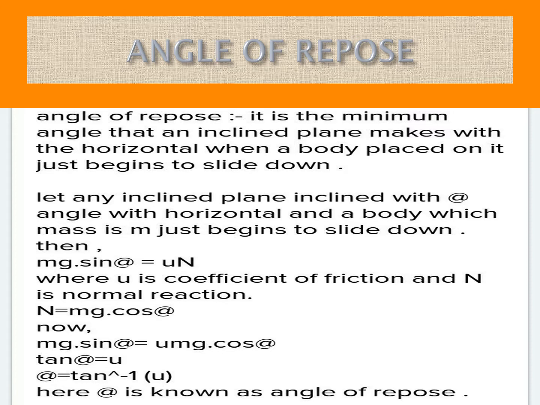Angle of repose is the minimum angle that an inclined plane makes with the horizontal when a body placed on it just begins to slide down. Let any inclined plane be inclined at an angle with the horizontal, and the body of mass m just begins to slide down.